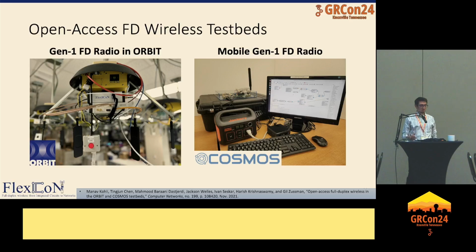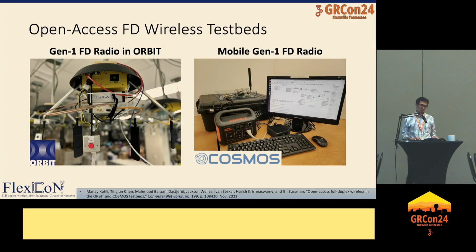Over on the left, what you're looking at is a Gen 1 radio connected to a USRP N210. It's one of 100 nodes at Orbit, and that enables, for example, experimentation with hybrid links between full duplex and half duplex devices. On the right, you have also the Gen 1 radio, but set up in a mobile fashion, so that now you can take this outside, perform channel characterization measurements, and see what happens when it's on the move.